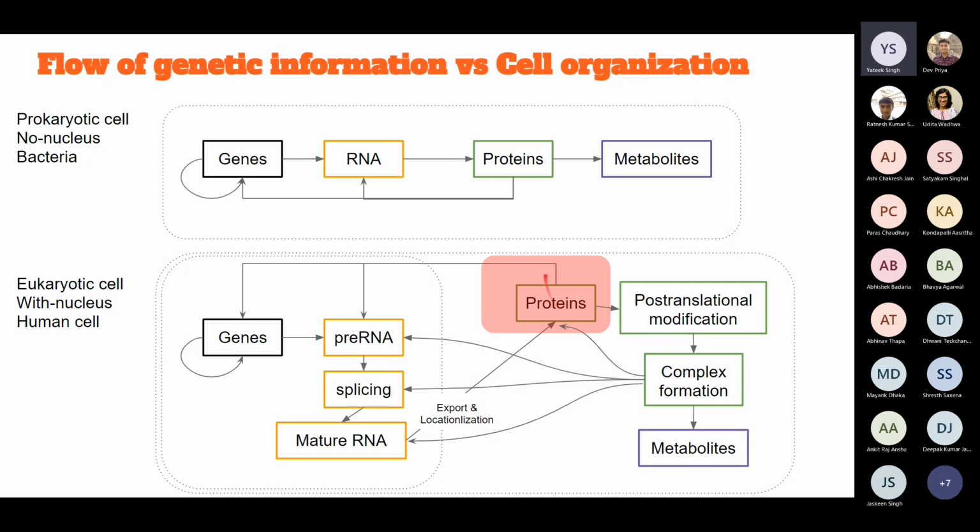Once you have the protein, that protein itself can be decorated with lots of different chemical modifications, called post-translational modifications. And once proteins have been decorated in different forms, different proteins can come together to form more complex molecular machines. These molecular machines, at the end of the day, either interact with each other or work with metabolites to establish how and what a cell is doing.